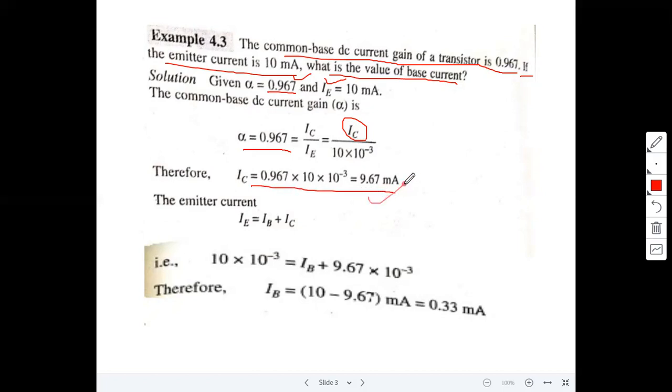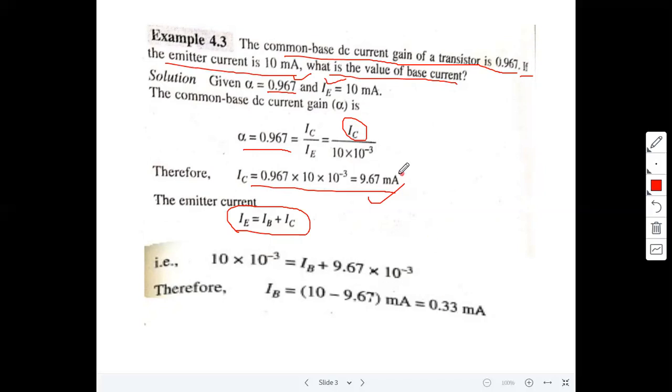Once you know the IC current, and the emitter current is already given, using the relation IE is equal to IB plus IC, you can easily calculate base current. IB is equal to IE minus IC, 10 minus 9.67 milliamperes, that is equal to 0.33 milliamperes.